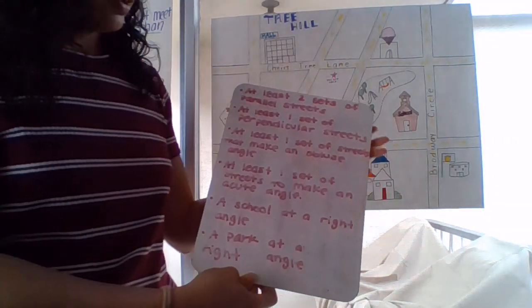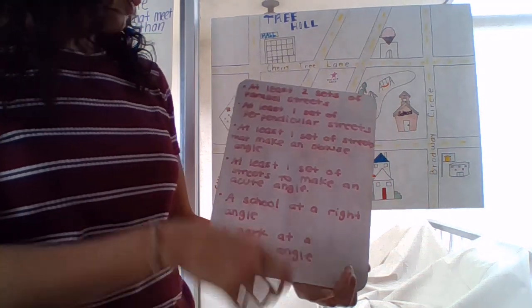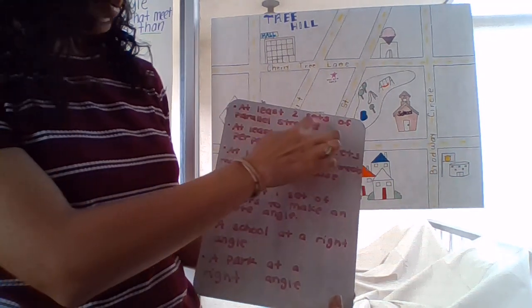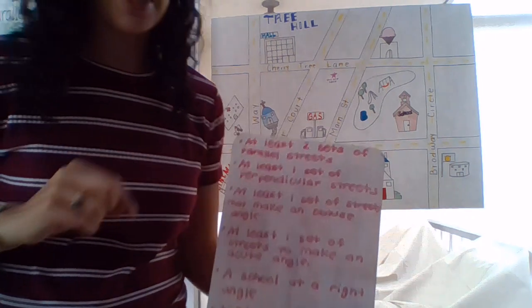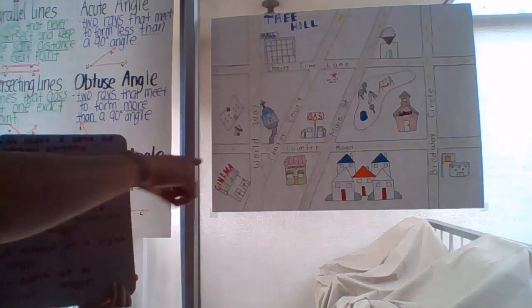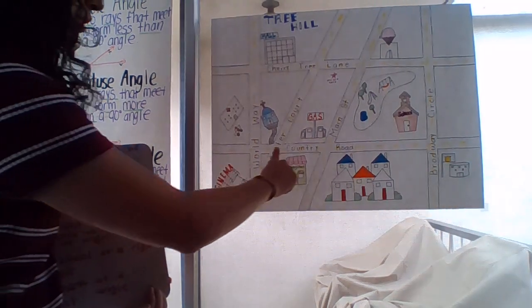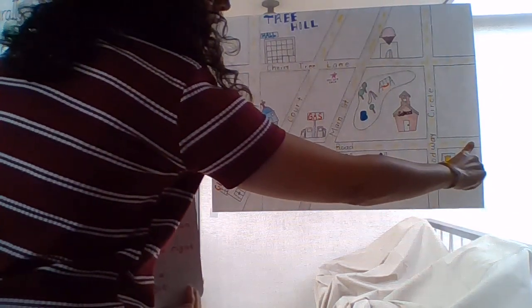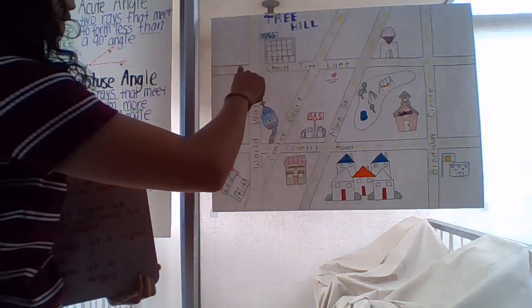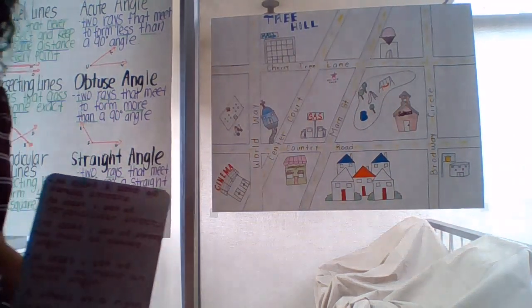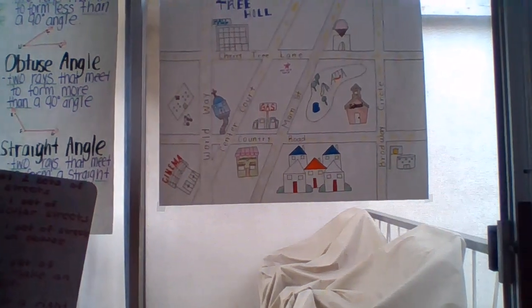All right, so let's go over my thing again. We need at least 2 sets of parallel streets. Here are my 2 sets of parallel streets. This street right here is parallel to this street, so that's one set. Can you find the other set of parallel streets?